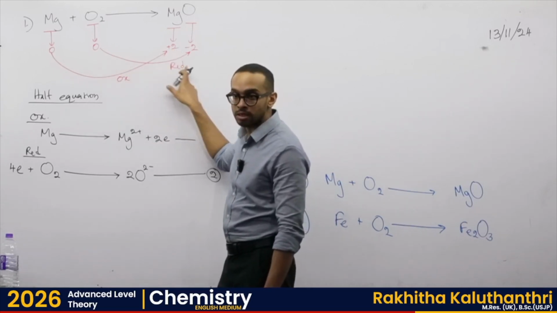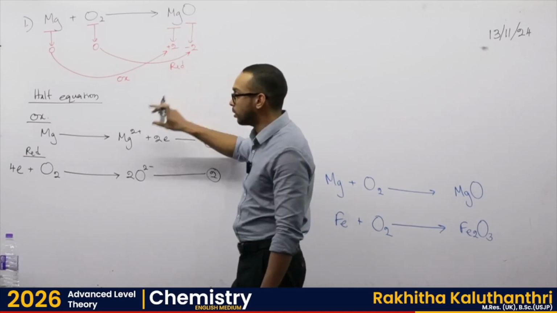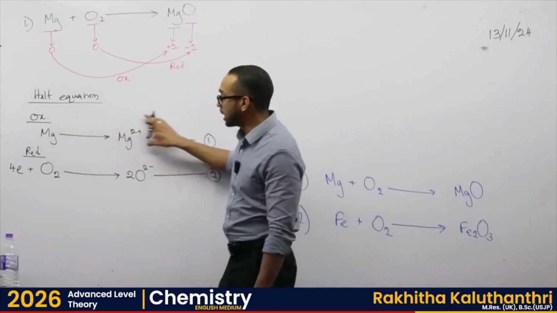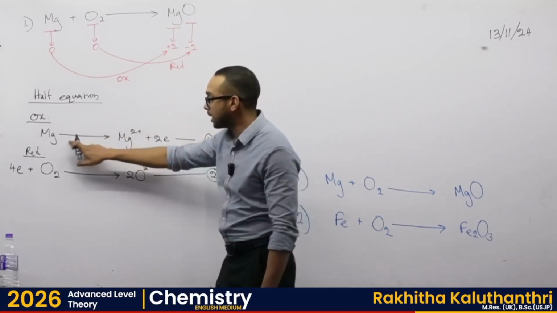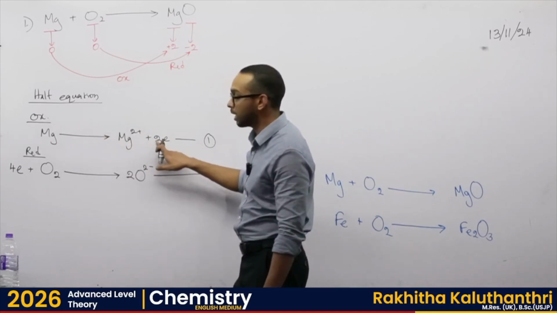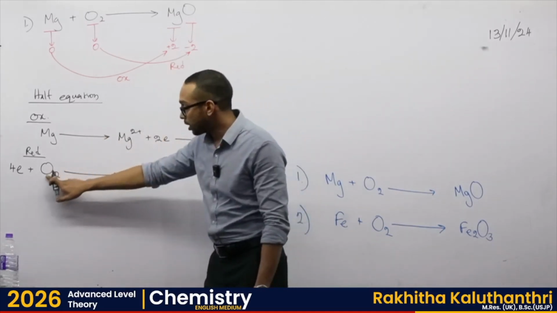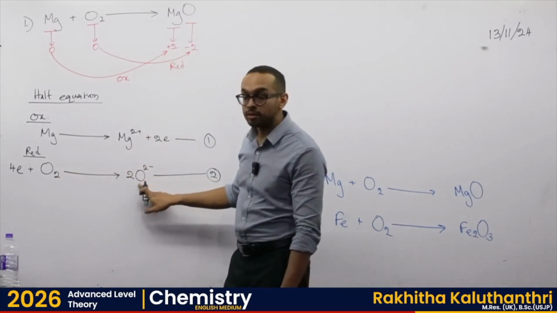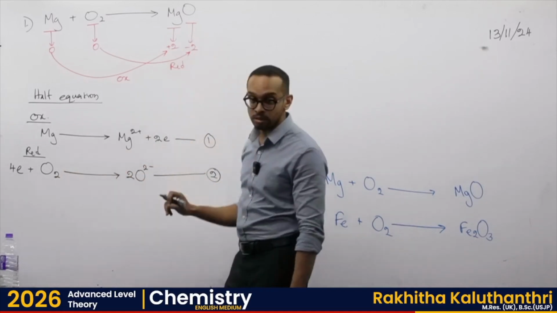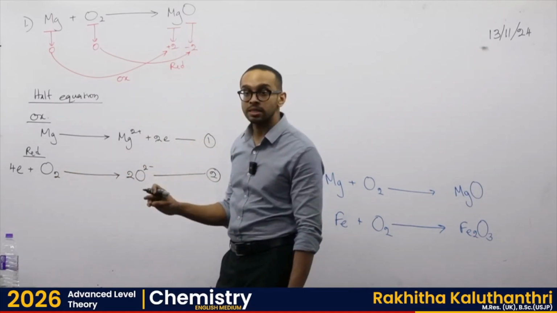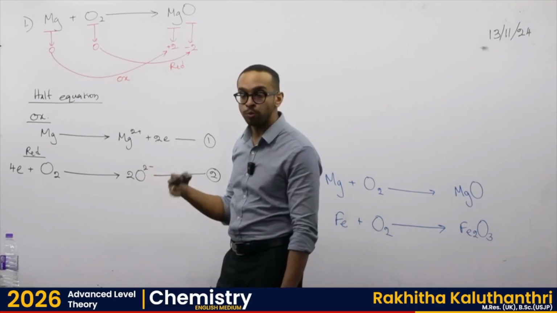This is oxidation, this is a reduction. Now students, if you write the equations, you can very clearly see magnesium becomes magnesium 2+, releasing 2 electrons, because you can see it's +2 oxidation state. Oxygen is becoming oxide, right? -2 state oxygen, O2- oxide, right?